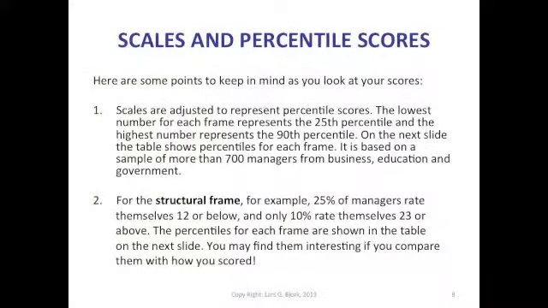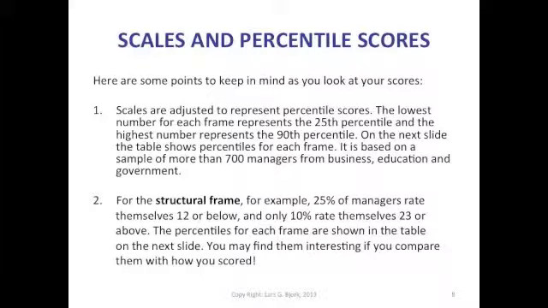Here are some important points to keep in mind as you look at your scores. First, scales are adjusted to represent percentile scores. The lowest number for each frame represents the 25th percentile, and the highest number represents the 90th percentile. The table on the next slide shows percentiles for each frame and is based on a sample of more than 700 managers from business, education, and government.